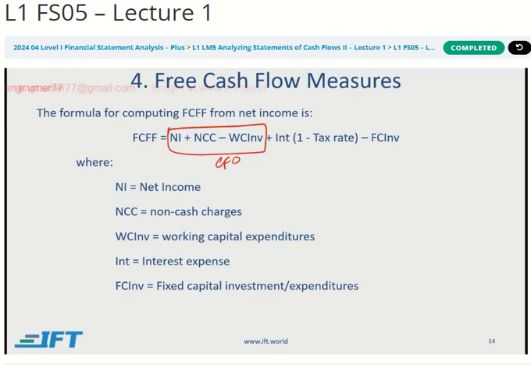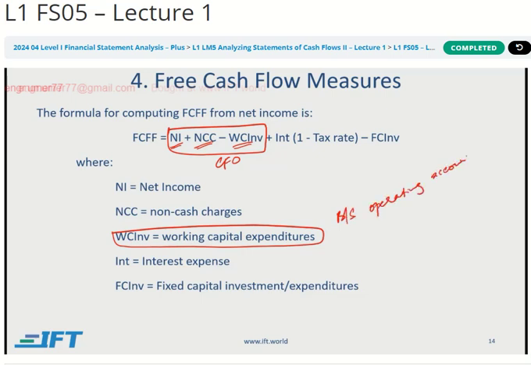And if from the previous learning module you remember the indirect method of preparing cash flow from operations, what was that? You take the net income, you adjust the non-cash charges, and you adjust all the changes in your balance sheet operating accounts. Now, what was that? For example, if your accounts receivable was going up, that means you're supplying goods to your customers but not taking money from them yet.